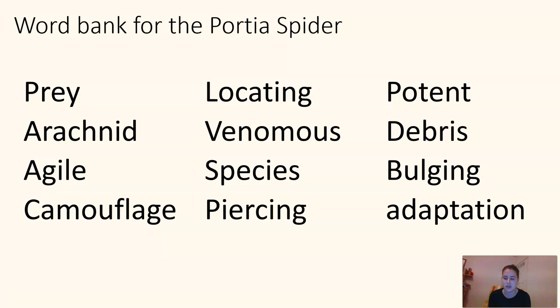I'm going to talk about the type of species that it is. Bulging is going to be used for its eyes. Camouflage, which you can also magpie and use for your Tonga lizard. So that's to do with it being able to match itself to its surroundings so it can't be seen. And then we have piercing and adaptation. Okay, so those are some more formal vocabulary that's going to support my writing today.